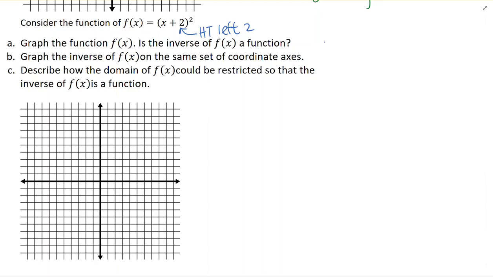I'm just going to map it now because it's simply just moving the parabola 2 to the left, so I know from 0, 0 it's moved 2 over. So I'm just going to graph it like this. You should be getting pretty familiar with graphing parabolas now.